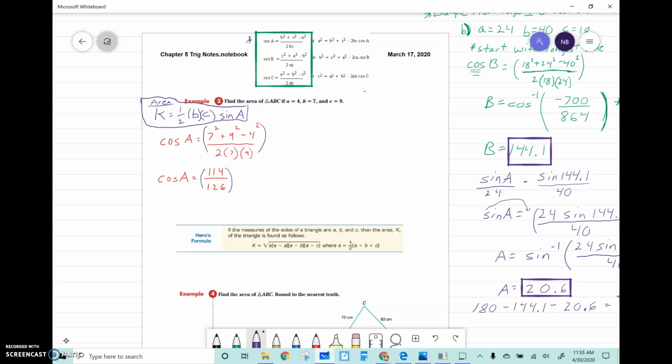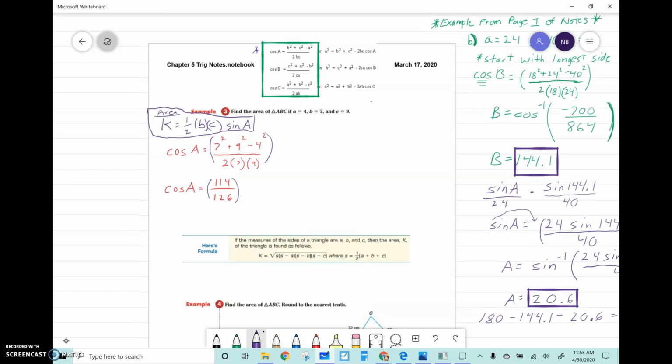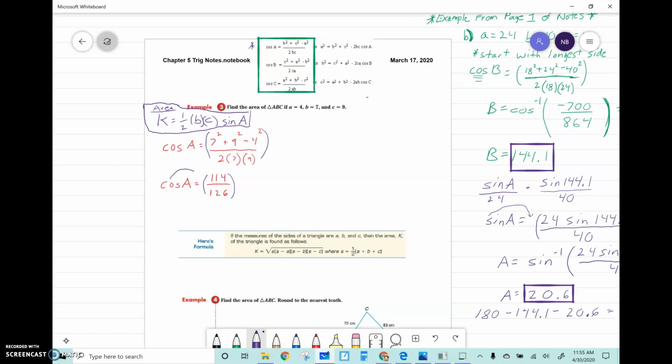114 over 126. Now remember, whenever we need to get that angle by itself, we're going to move cosine over to the other side here. So when we move cosine to the other side, we end up with A equals cosine inverse. Remember, we're moving it to the other side, so we have to change that to the inverse.